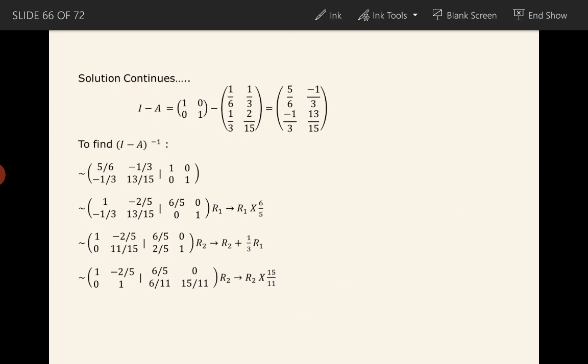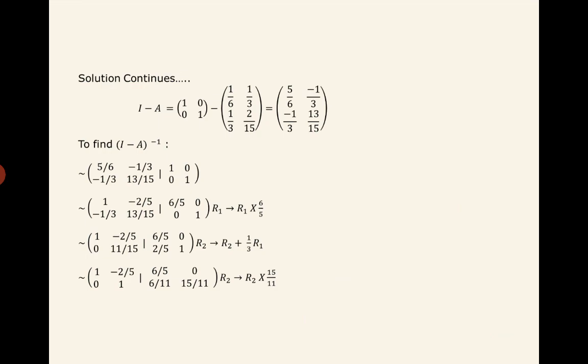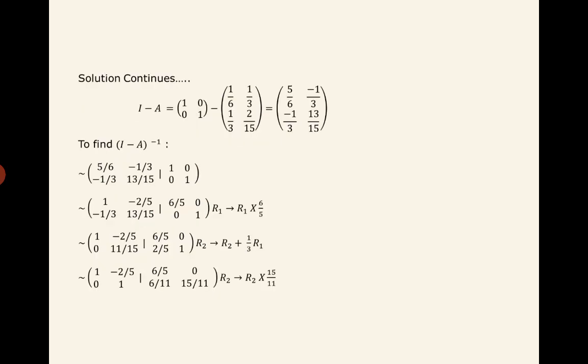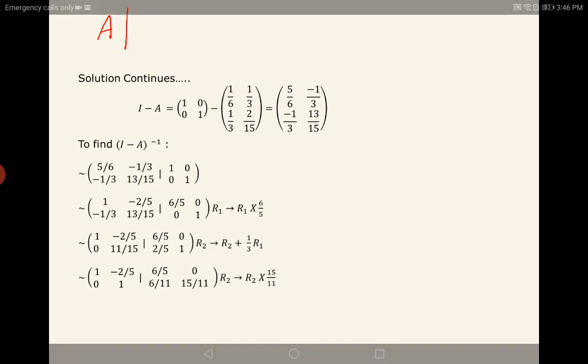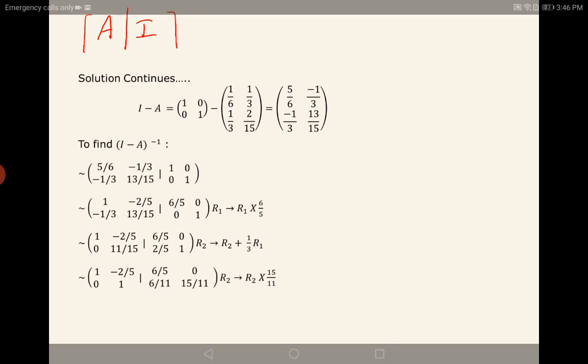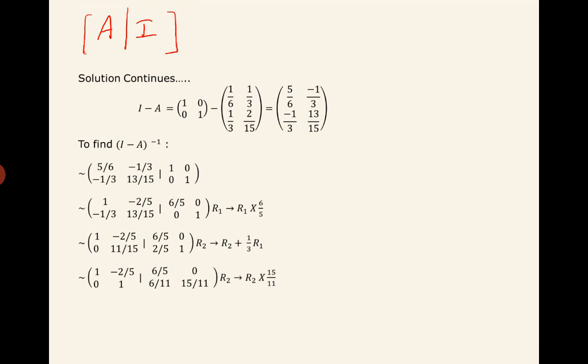So the first step, we have this I minus A here. What is the idea of finding the inverse, that we have seen in the previous chapter on inverses? You have a matrix A, then take the same size identity matrix and write the augmented matrix. Reduce A to a reduced form.